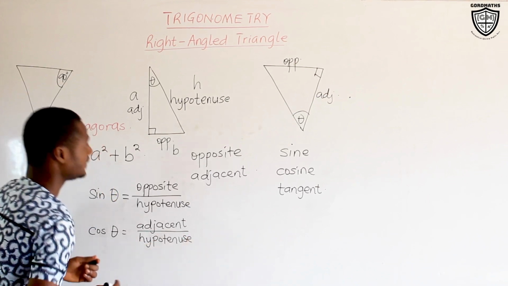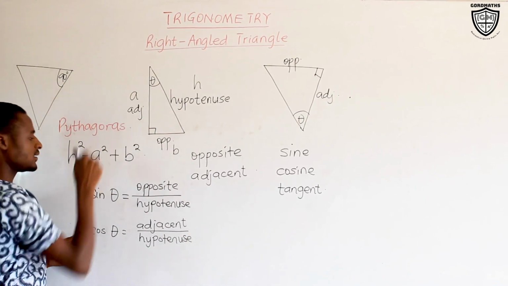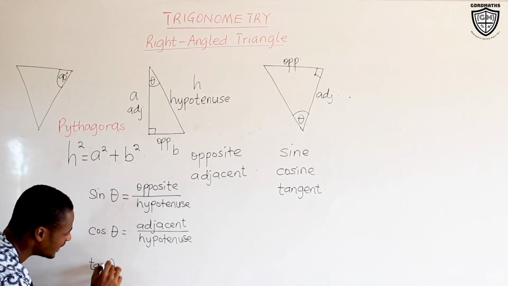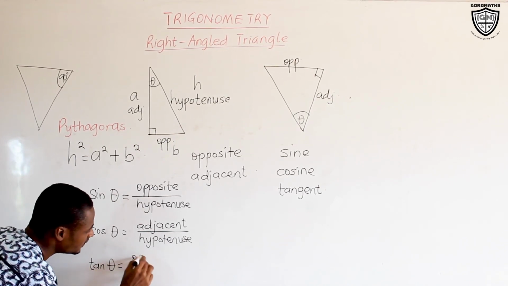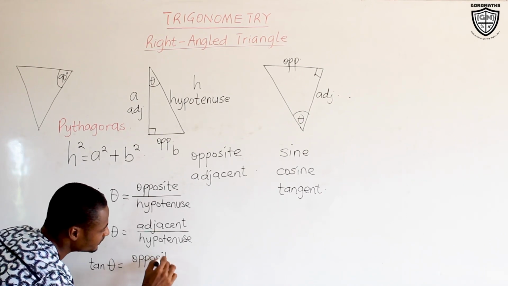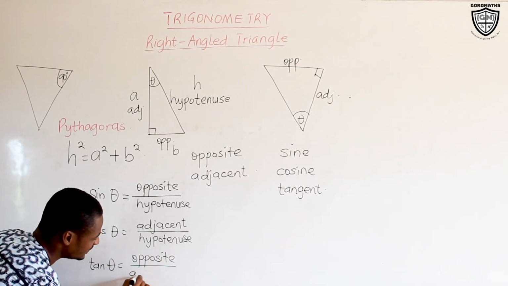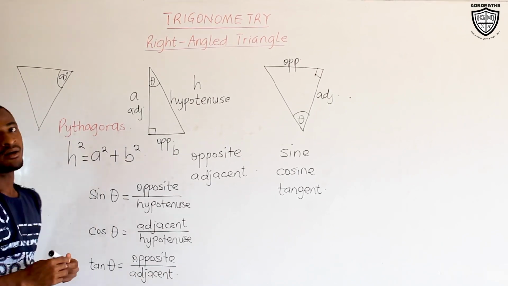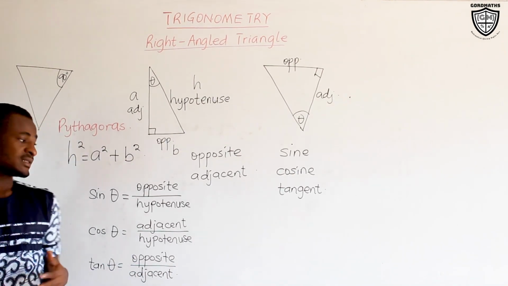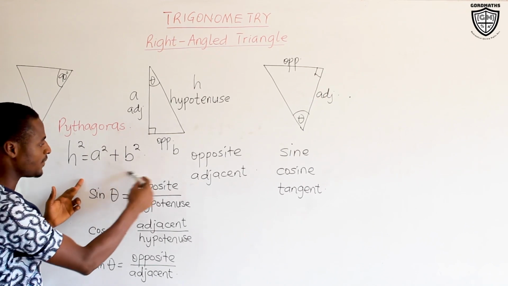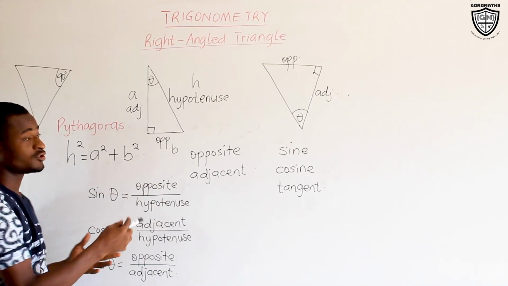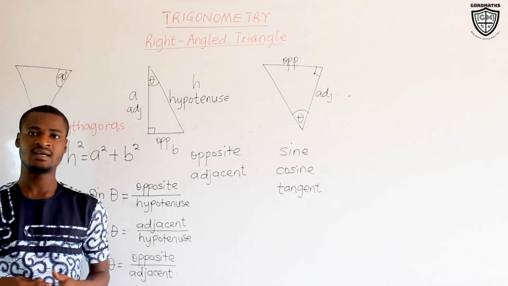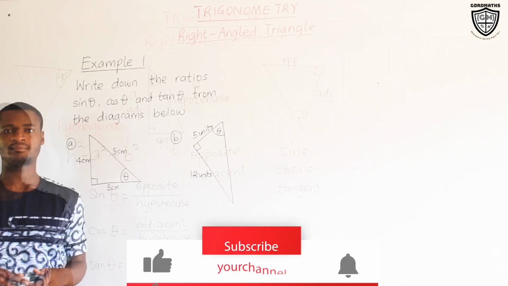And then the tangent of the angle theta is given by tan theta is equal to the opposite divided by the adjacent. Now, in this lesson, we will look at how to apply these three trigonometric ratios and other higher trigonometric ratios. Let's take our first example.